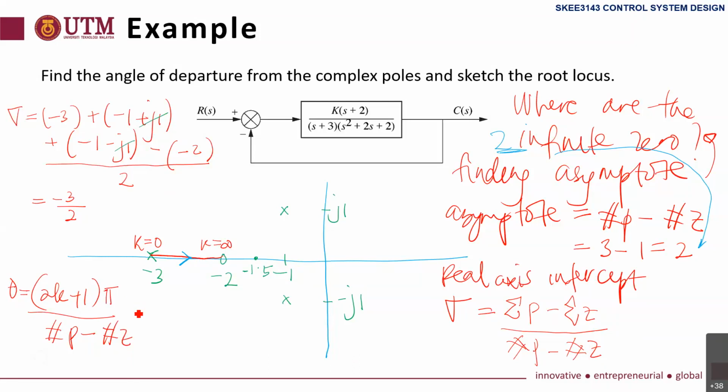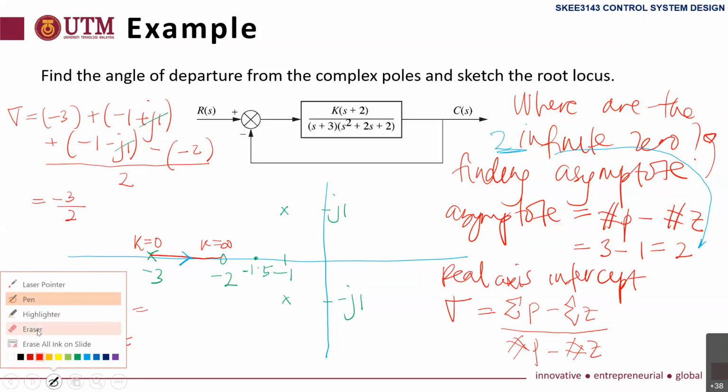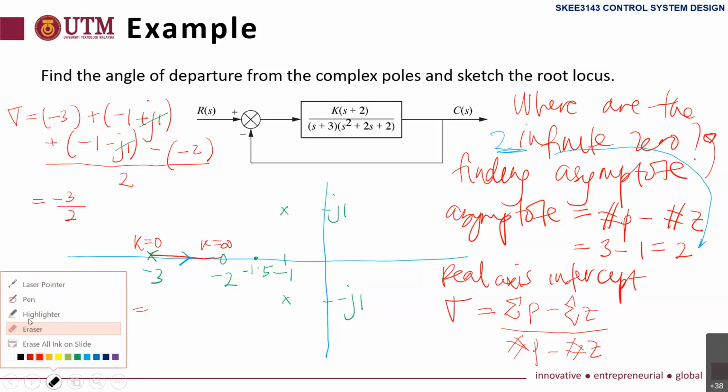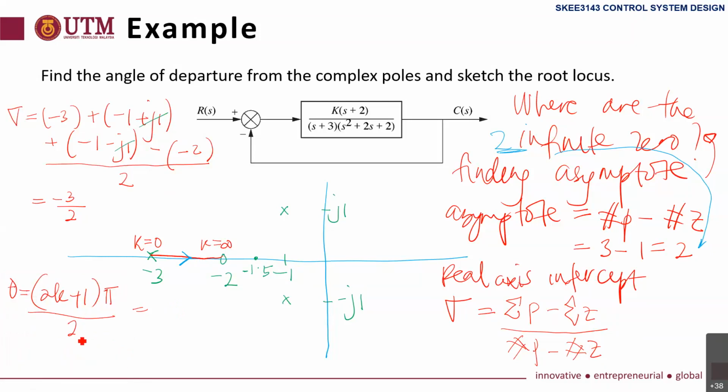We apply this formula, and the denominator is 2. So when k is 0, we get pi over 2, 90 degrees.